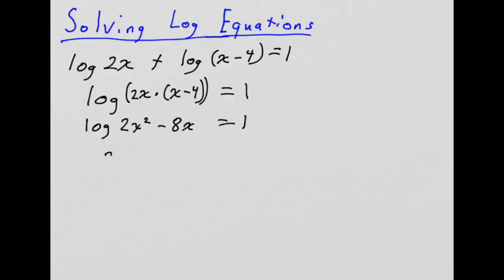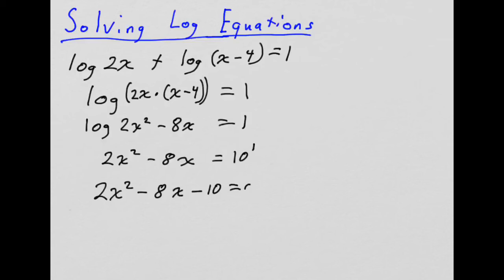It'll be 2x squared minus 8x is equal to 10 to the first, which is 10. And now you'll recognize that it's a quadratic, so you get to solve a quadratic equation. So I have 2x squared minus 8x minus 10 is equal to 0. And then go about solving it.